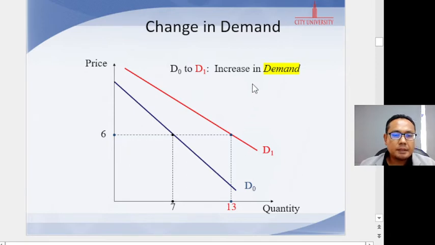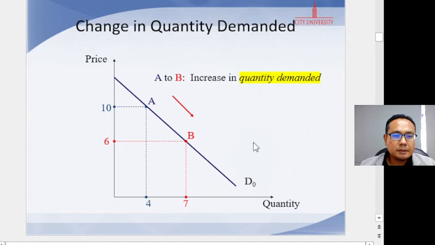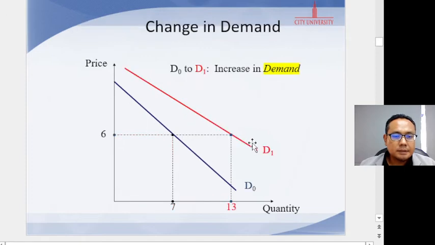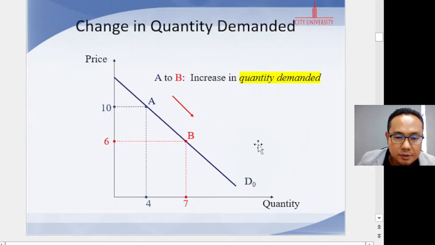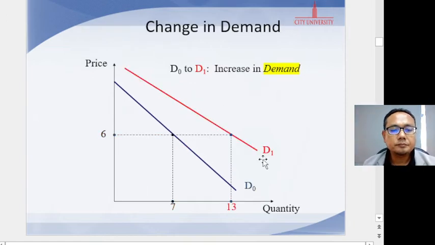That means demand changes not because of the price. So from D0 to D1, with the same price.